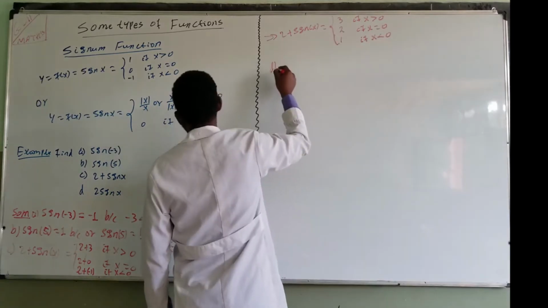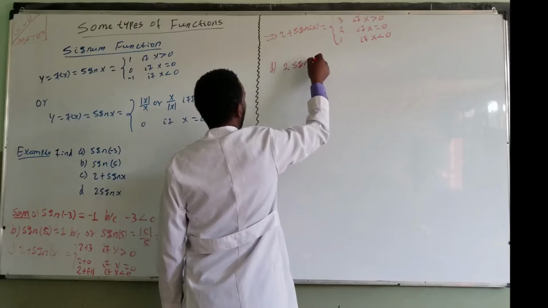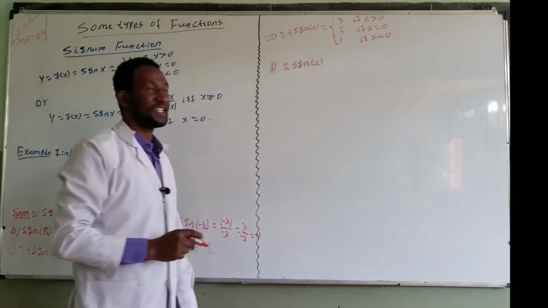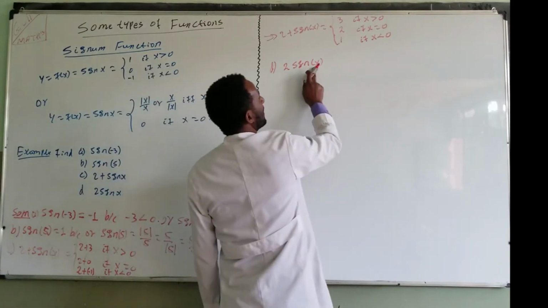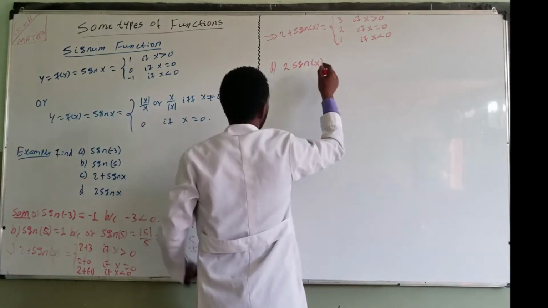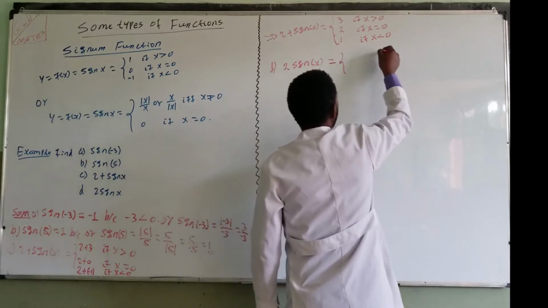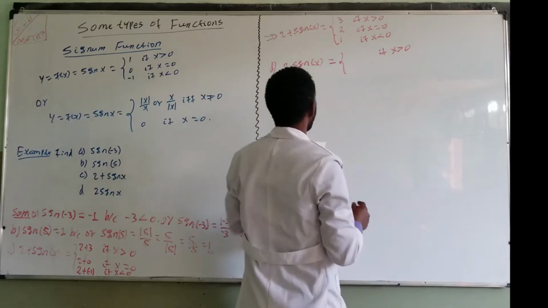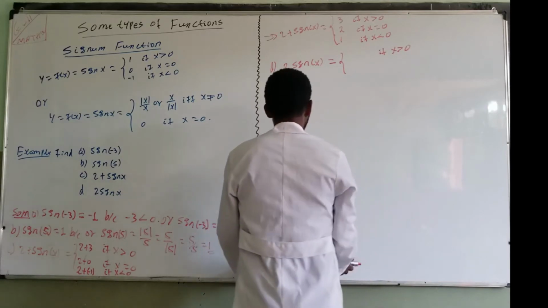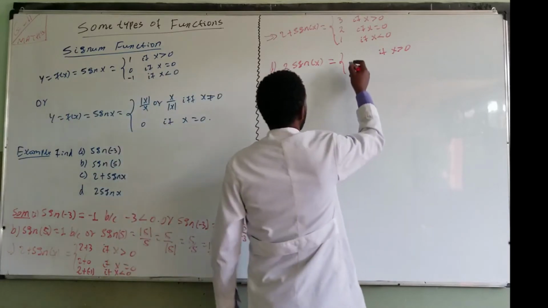Solution for D: 2 times signum x. 2 times signum x is different from 2 plus signum x. We know the value of signum x from the given definition. So if x is greater than 0, signum of x is 1.